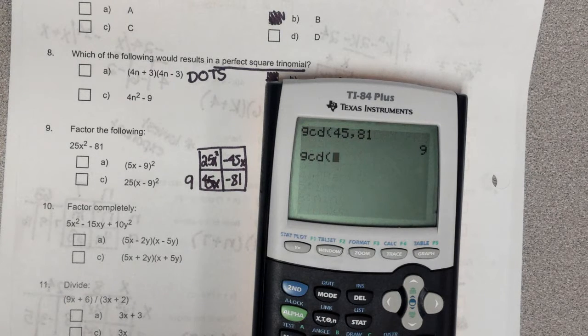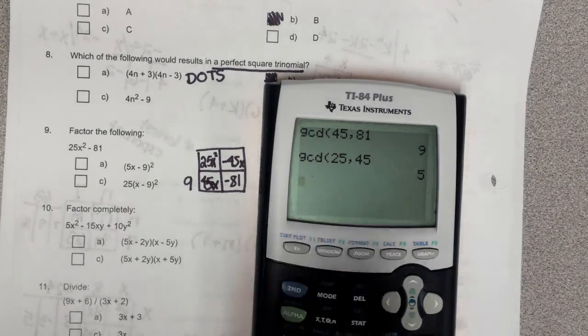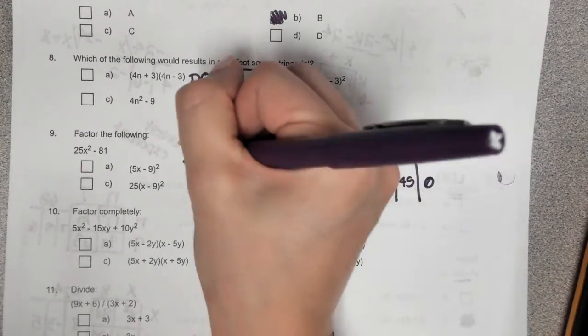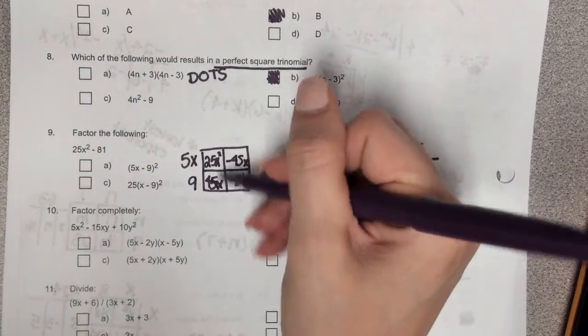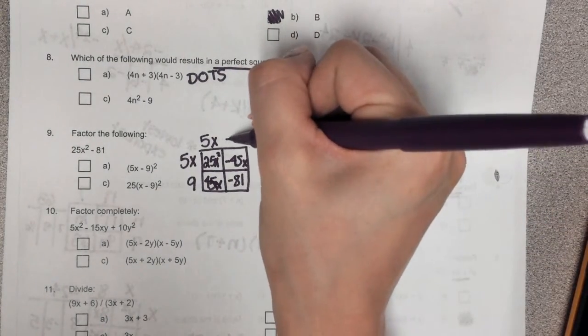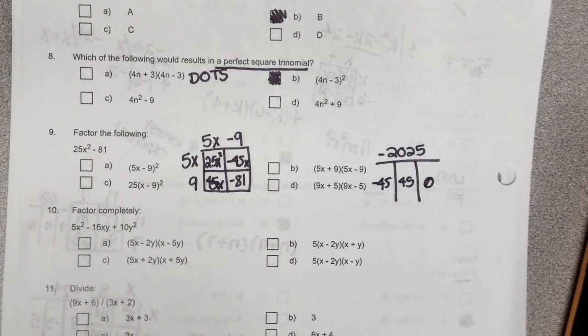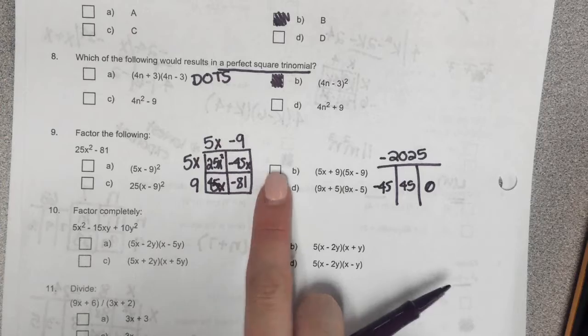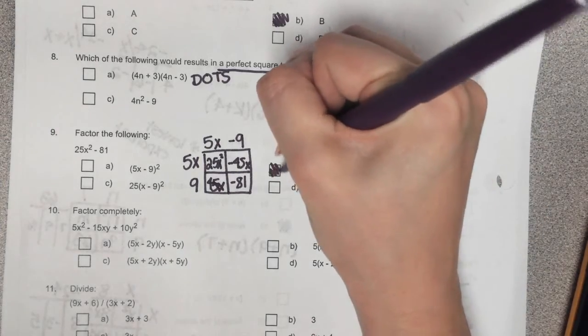Math, write 9, 25, comma 45. 5. And they both have an x. These I've already done. So 5 and then x. And then this is going to be a negative 9 because the first thing we see is the negative. So my factors are 5x plus 9 and 5x minus 9.